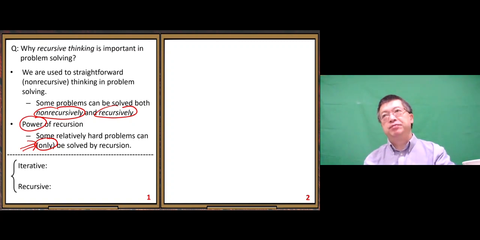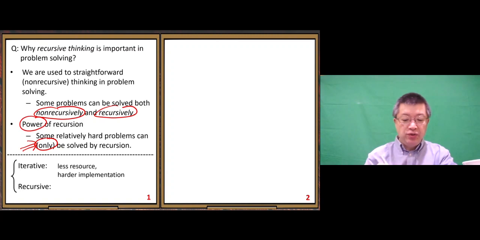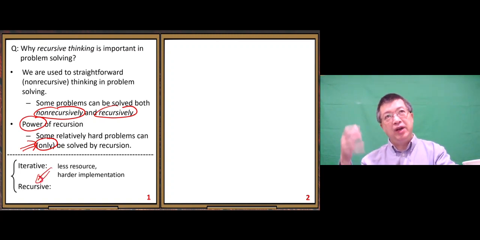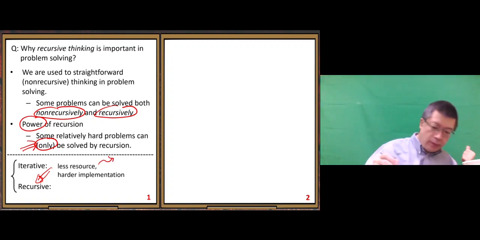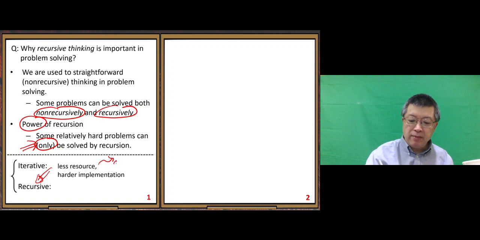I just want to compare two aspects. The first, resource consumption. The iterative way consumes less resource compared with the recursive way. Resource here means memory resource, inside the main memory, the memory space.